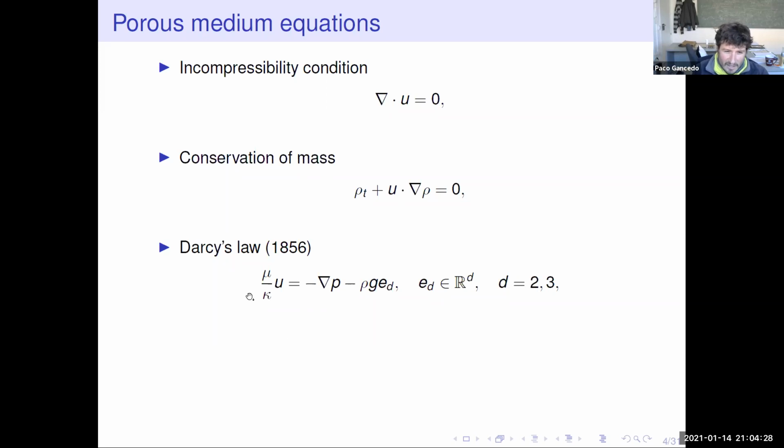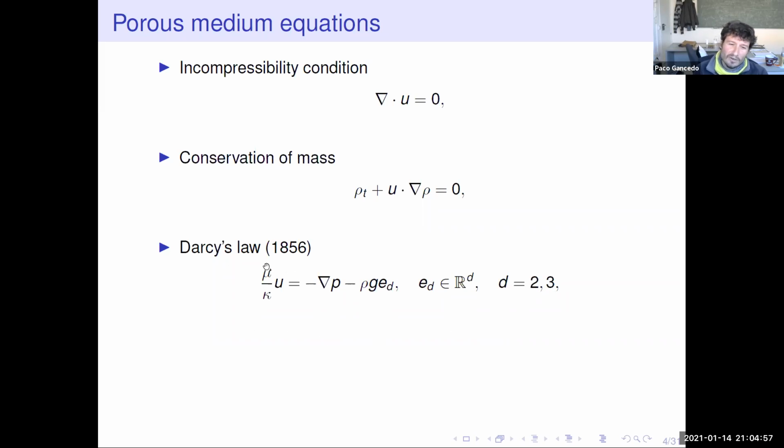Here in Darcy's law, mu is the viscosity, kappa is the permeability of the media, u is the velocity field, p is the pressure, rho is the density, g is gravity, and e_d is the last canonical vector, because I'm going to consider 2D and 3D settings.